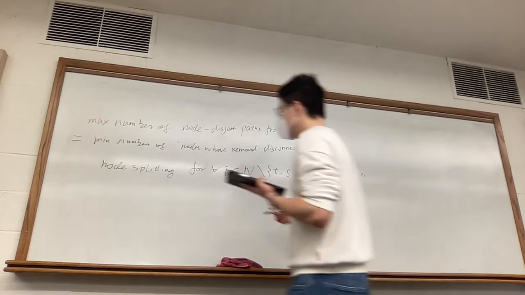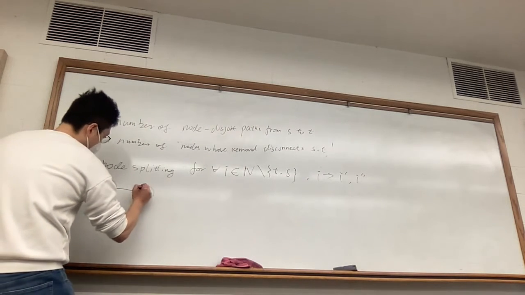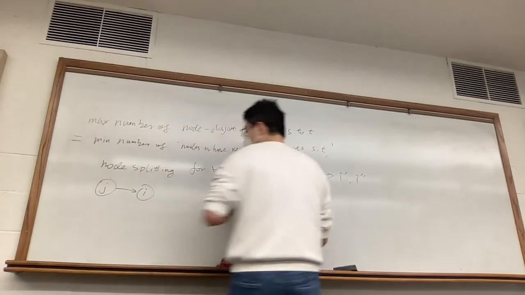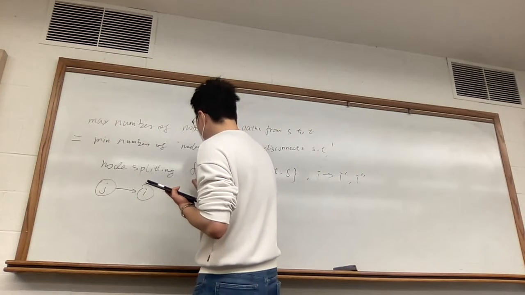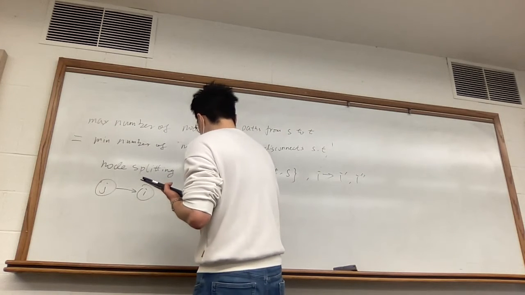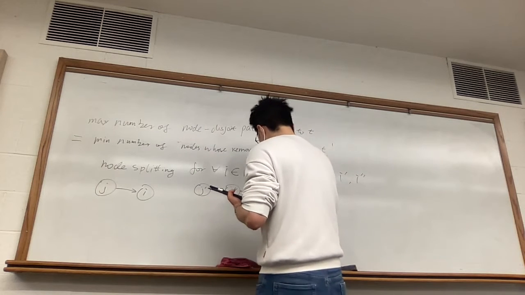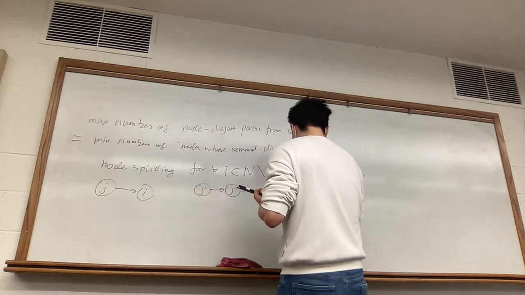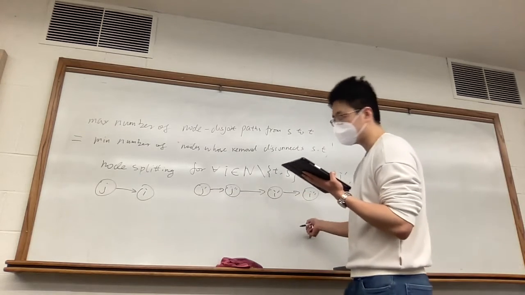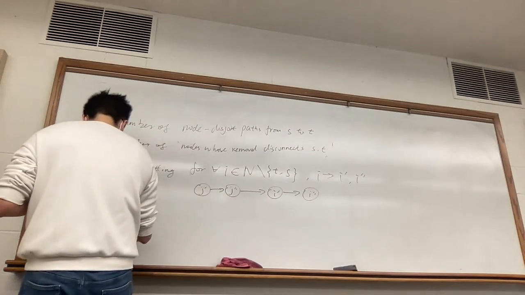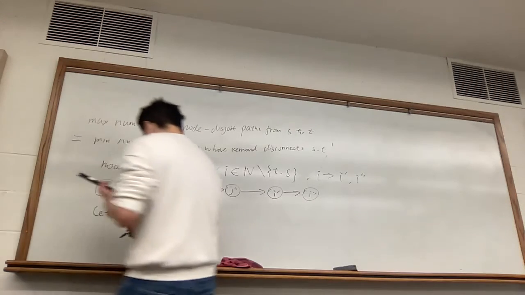So what does it look like? Suppose in the original graph, we have node J pointing to node I. Then after splitting, we have J prime to J double prime, and I prime to I double prime. This is the node splitting. Then we let C of I prime, I double prime be 1.